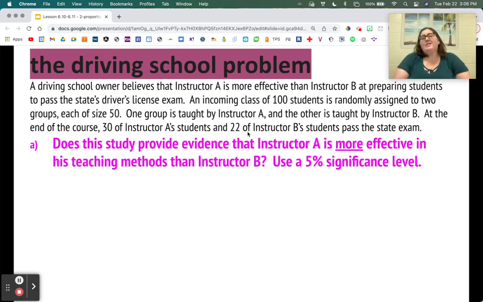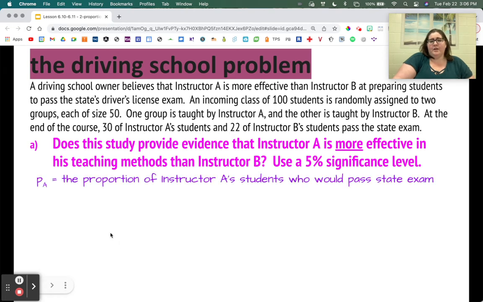But what we're saying is for all students, for any group of students that there ever could be, is there evidence that instructor A overall would be more effective in general than instructor B? So we have what's true for a sample. We're using that to try to come to some conclusion about what could be true for the entire population of all students who would ever take this course. So that's our thought process going into this.